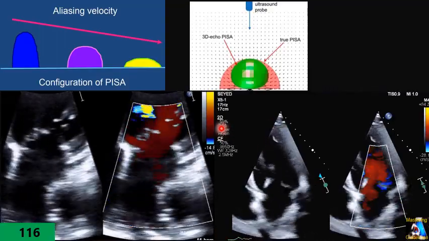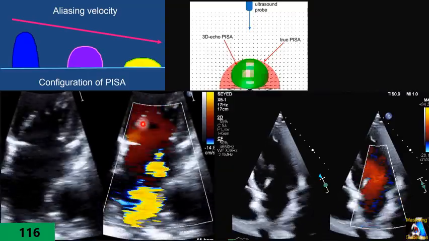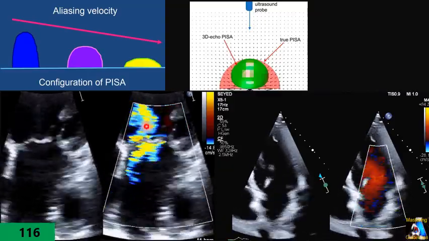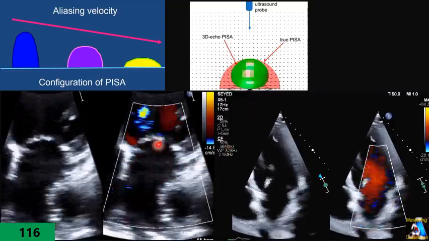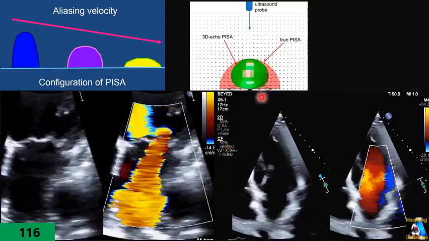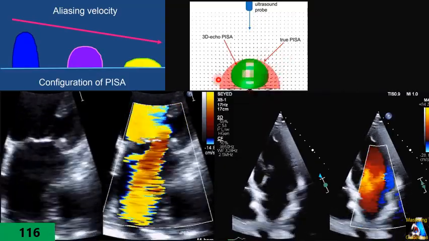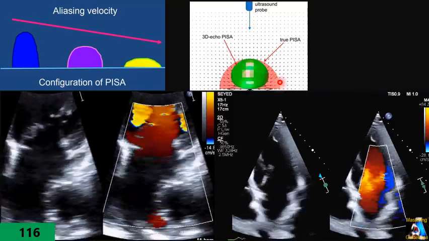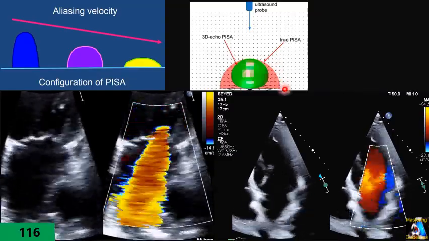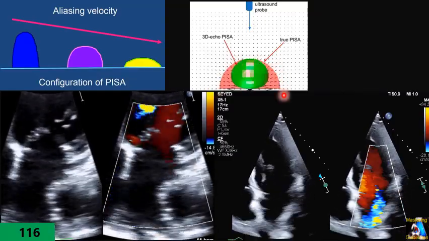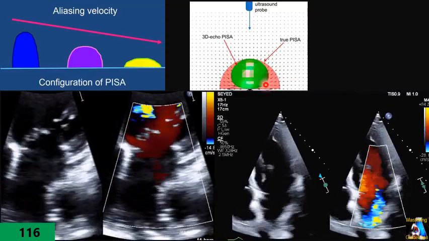Just remember, in reality, color Doppler doesn't measure velocity. It catches relative velocity, not accurate velocity. And in reality, the shape of the real PISA and the mathematical or theoretical PISA will be a little different. In theory, the PISA should be semicircular or hemicircular, but in reality it will not be circular.